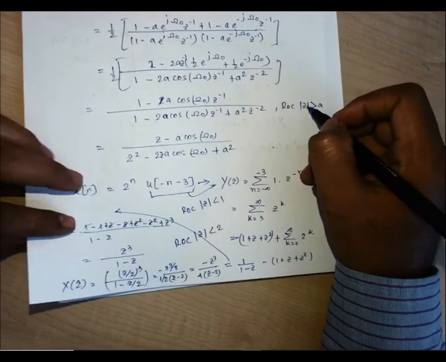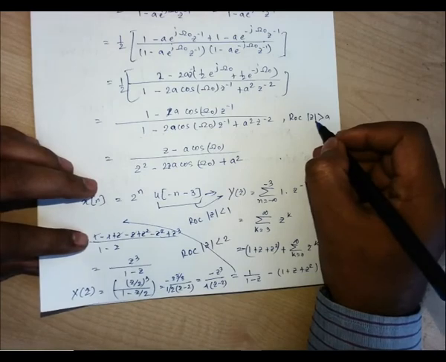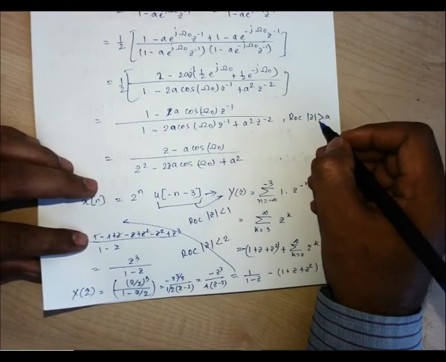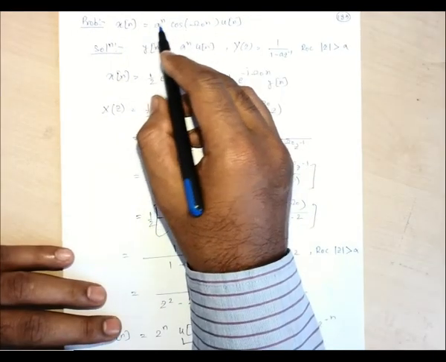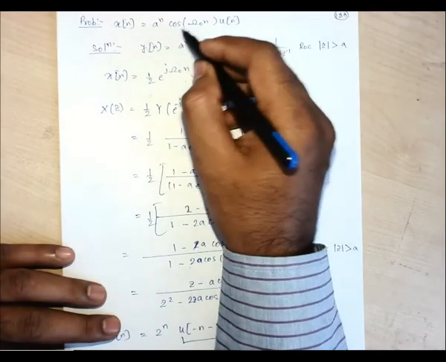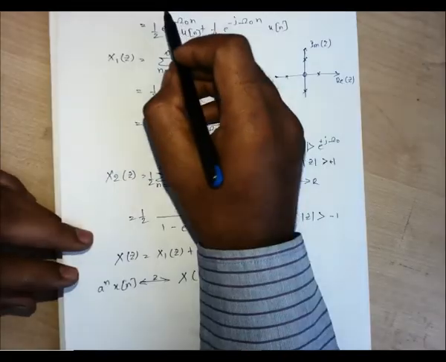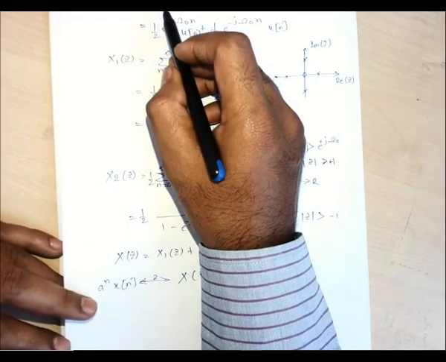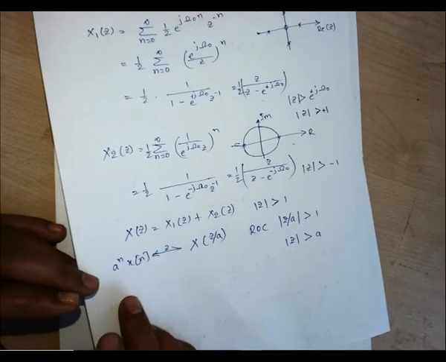Same thing we have seen directly here, the ROC greater than a, because we took the z transformation of that exponential sequence first, then found the z transformation of the remaining part. Here we found the z transformation of the cos function, then applied our property.